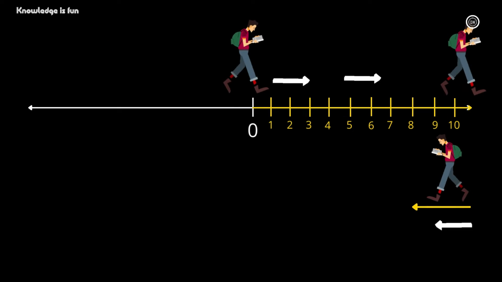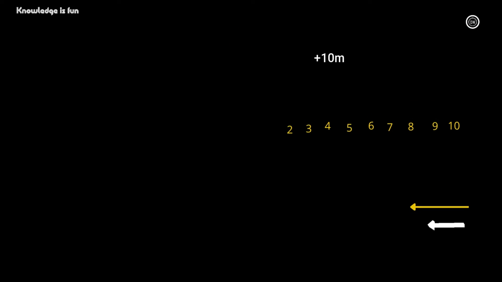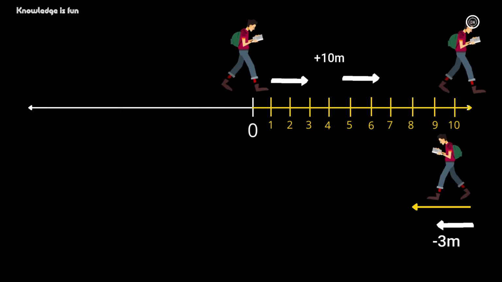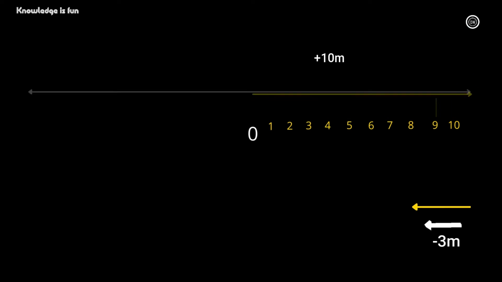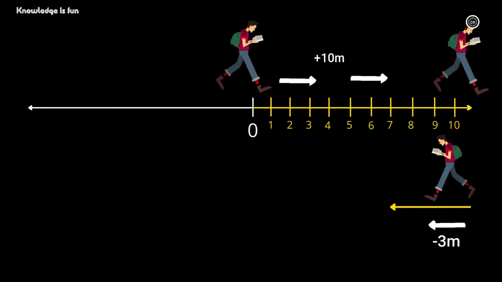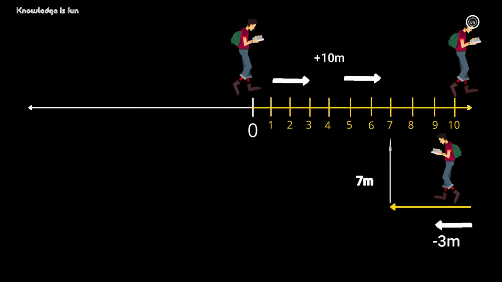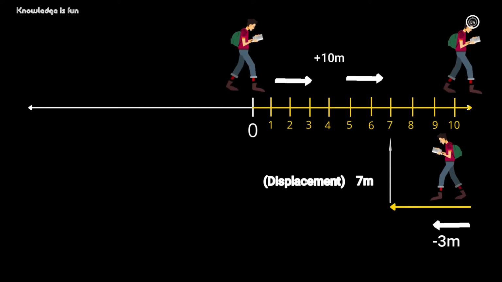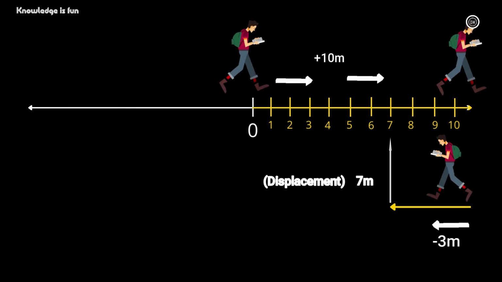Now the boy has moved to the school, that's plus 10, and the boy has returned back 3 meters, and that's negative 3, okay? Now the boy is in this position, and that is 7 meters. So that is the displacement of the boy. That is where the boy is presently.